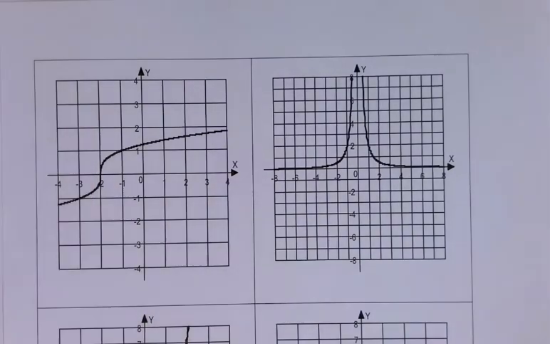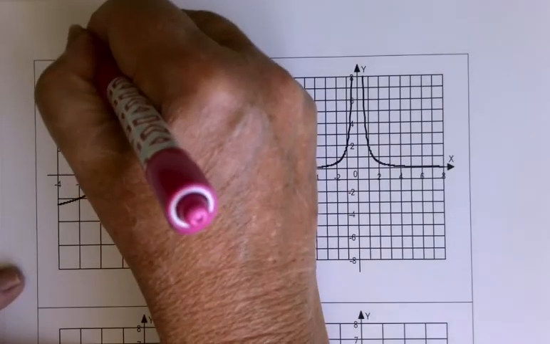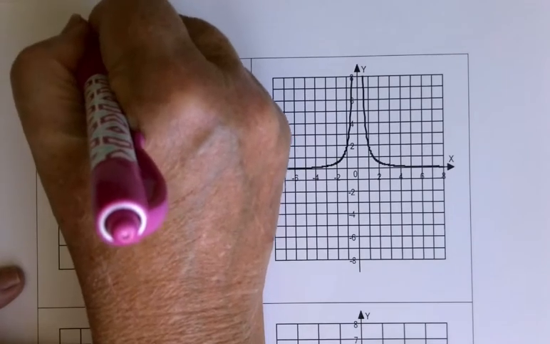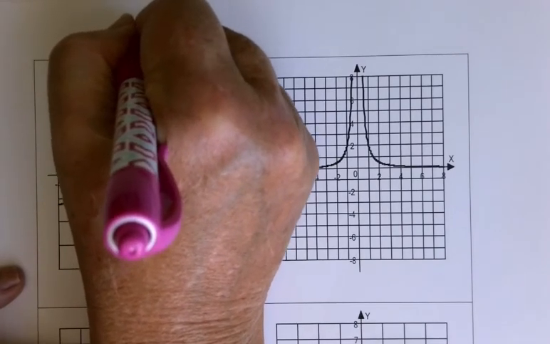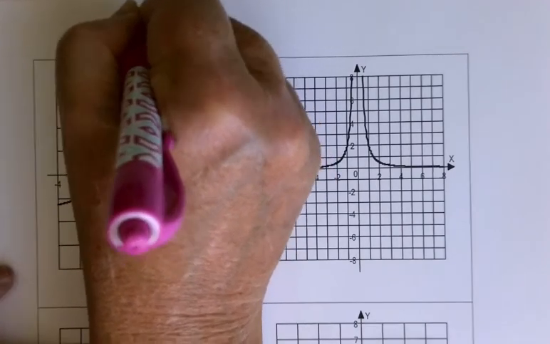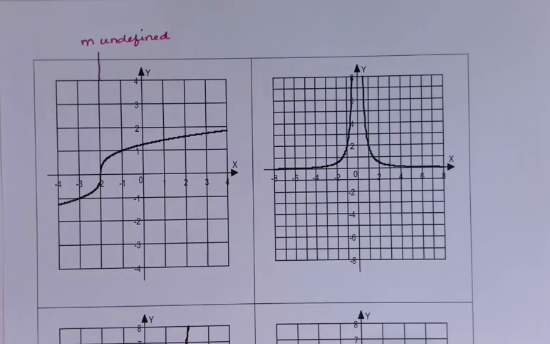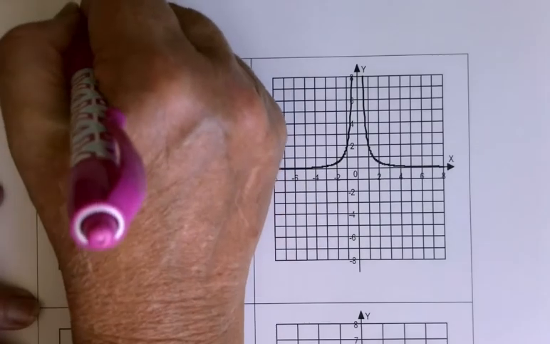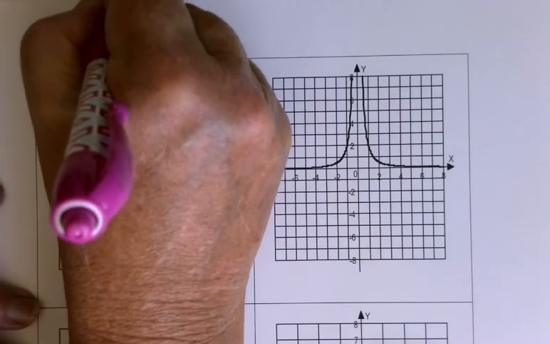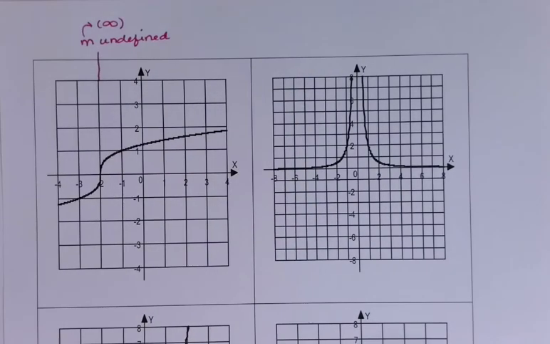So I'm going to say, right here, slope is undefined again, but for a different reason this time. It actually gets infinitely steep. We can't give it a numerical value, but we do know that it goes toward infinity.